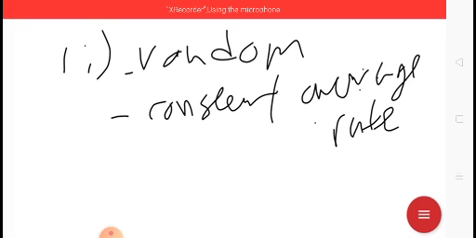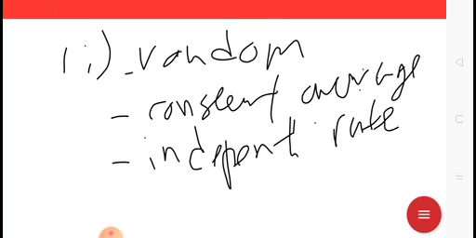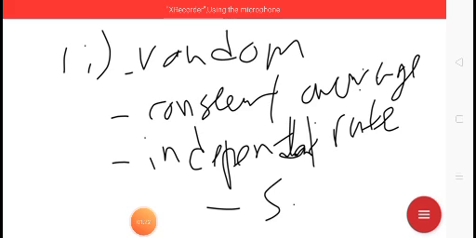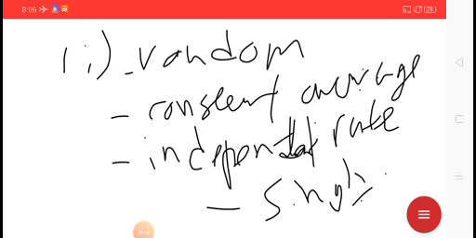These are the criteria for a Poisson distribution: independence, and last, singly, which means they happen one by one. Anyone will do, you will get 1 mark.